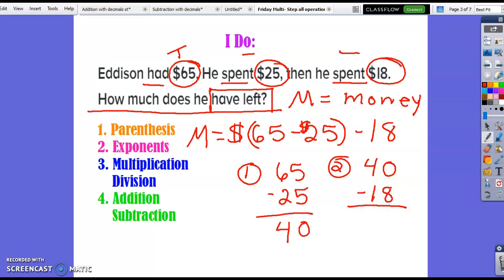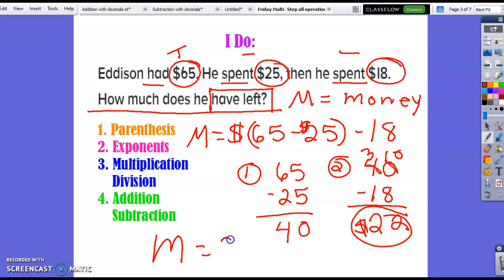So then you should have a 3 and a 10, and you bring down your 2 and 2. So my end part is $22. So when I solve for M, M equals $22.